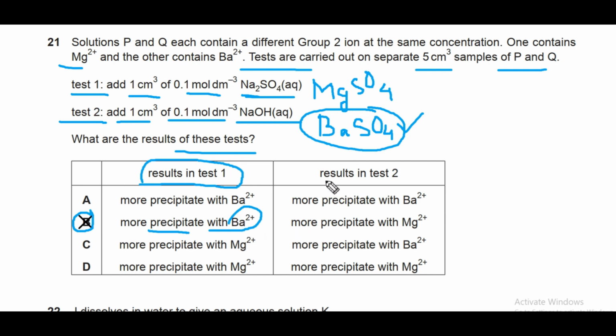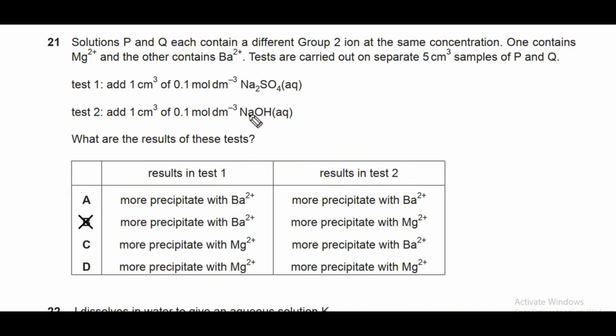Now test 2, reaction with sodium hydroxide. Magnesium hydroxide white precipitate will form, and barium hydroxide is soluble.